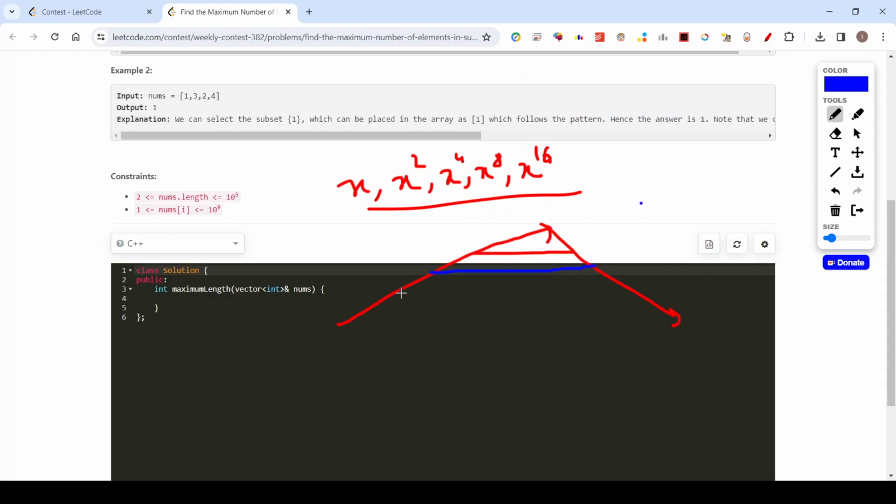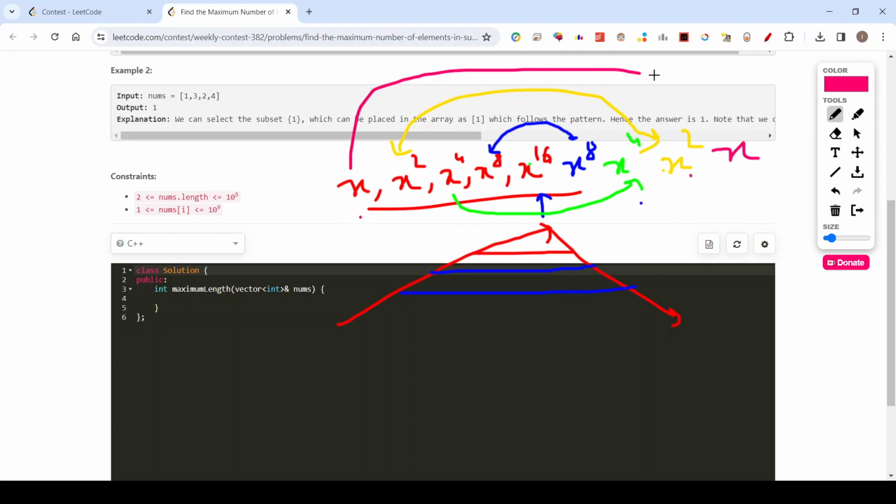So if I assume that x to the power 16 can be a breakpoint, I find x to the power 8 corresponding to this value, x to the power 4 corresponding to this value, x to the power 2 corresponding to this value, and likewise x corresponding to this value, correct?